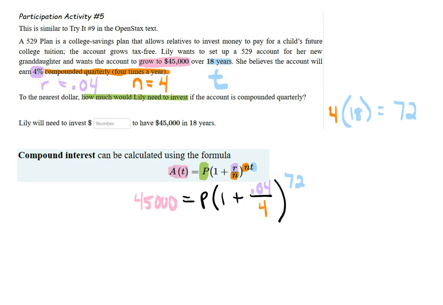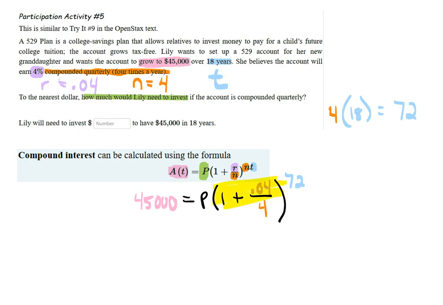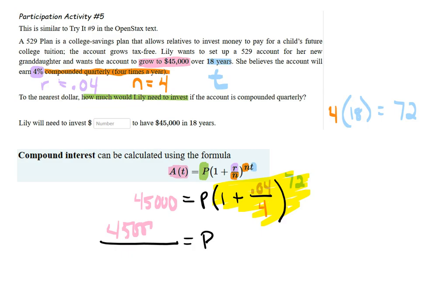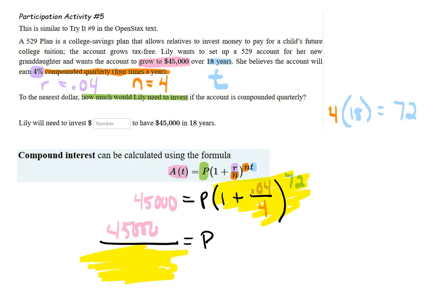Now, depending on your calculator, if 45,000 equals P times this big mess right here, then P will equal 45,000 divided by that big mess: 1 plus 0.04 divided by 4, raised to the 72nd power.